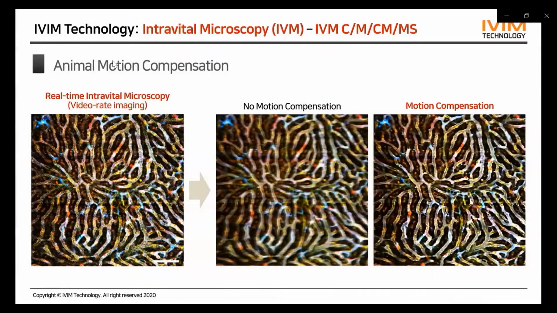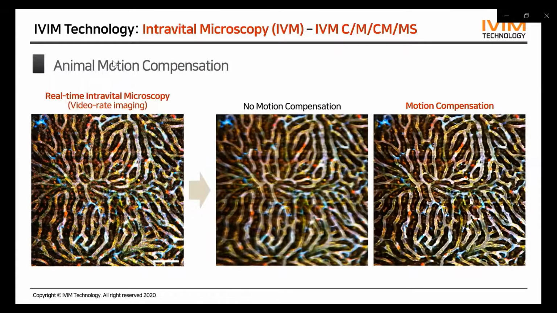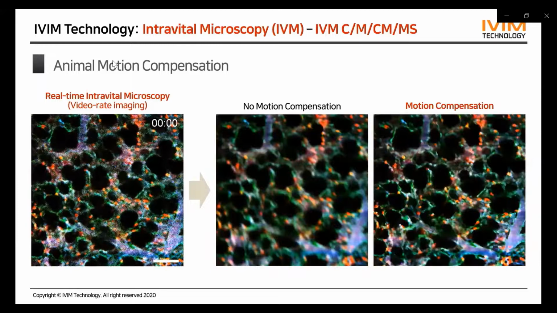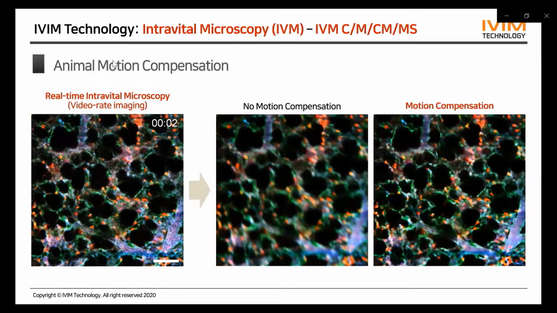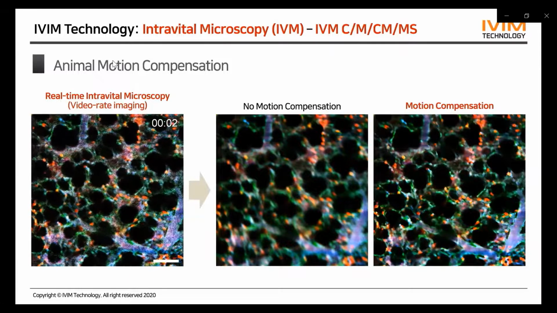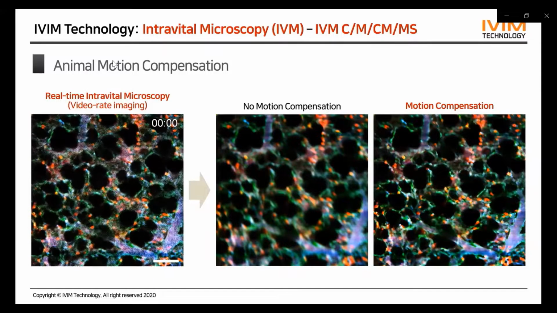This is the result with and without the motion compensation function. The image without motion compensation looks very shifted with motion, but after compensation, we can get very fine and clear images on the right.